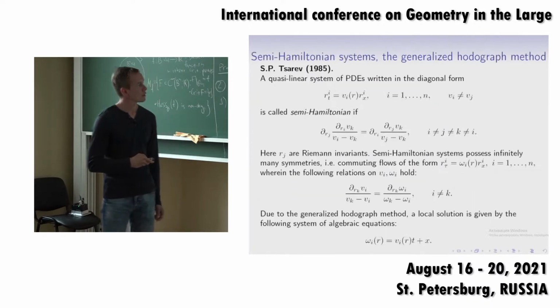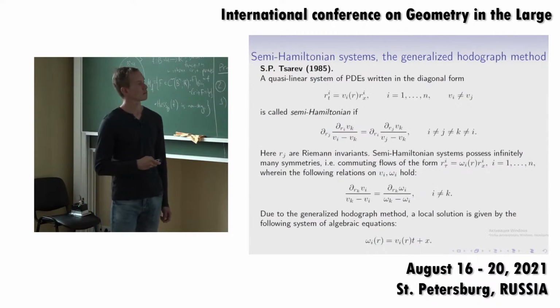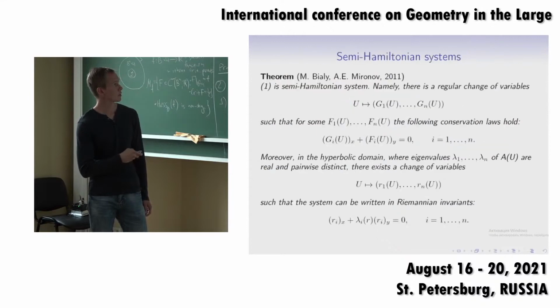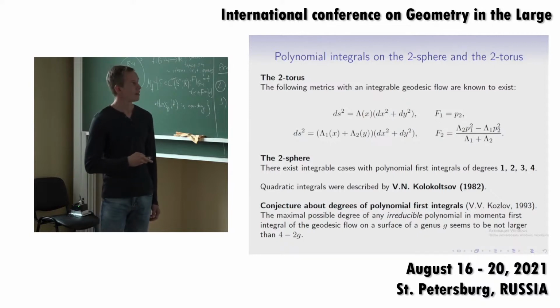Is it something mysterious? Degree 1, the matter is that if a linear integral exists, then in some coordinates the metric has the following form. It doesn't depend on... You don't know what the coordinates are, right?